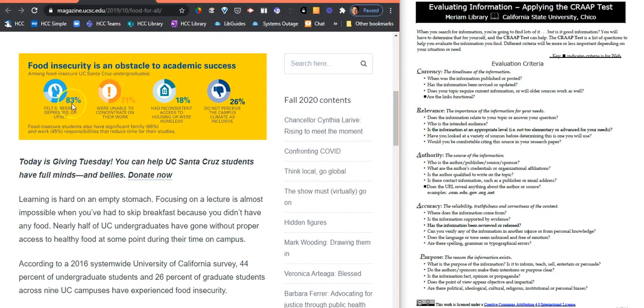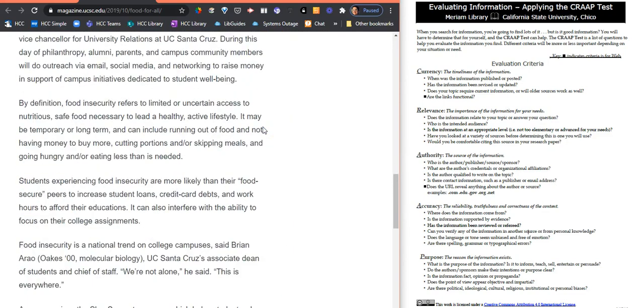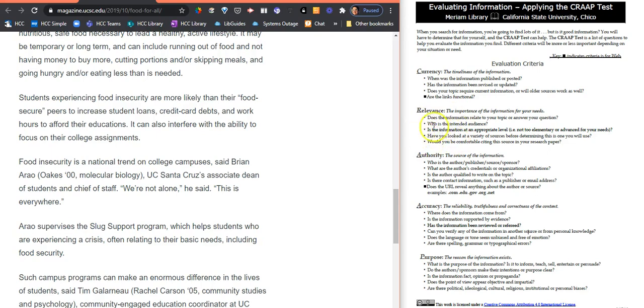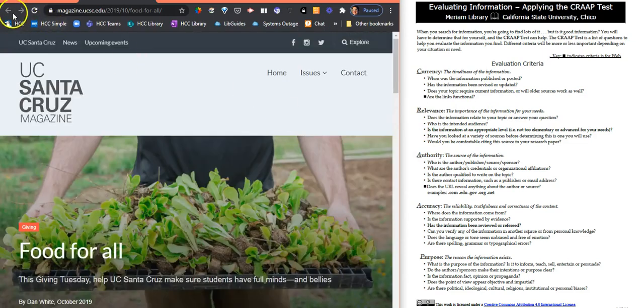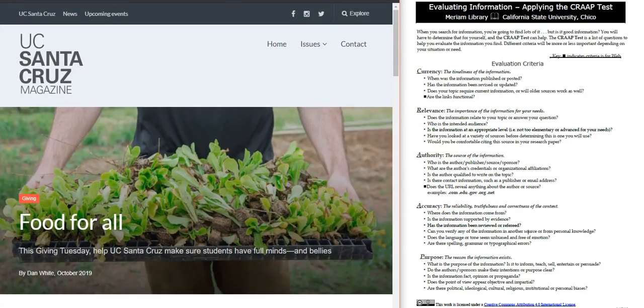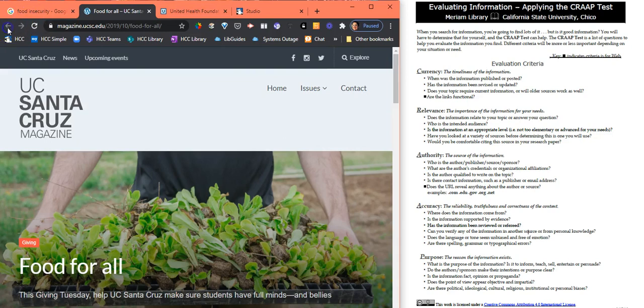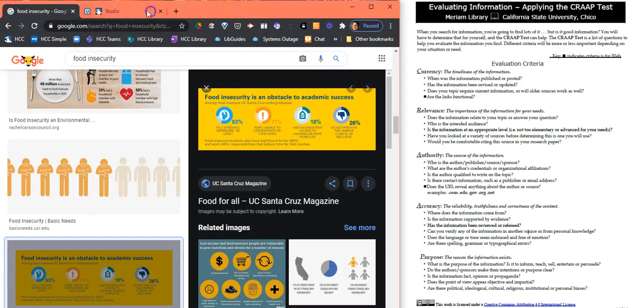So this is just a small portion of the population. So is that relevant? Again, looking at the CRAAP test, is it relevant to what we're looking for? I'm going to close these two.